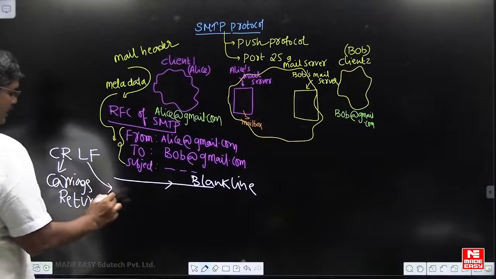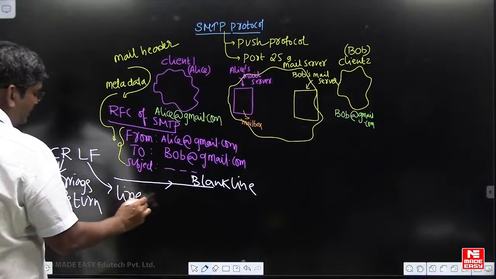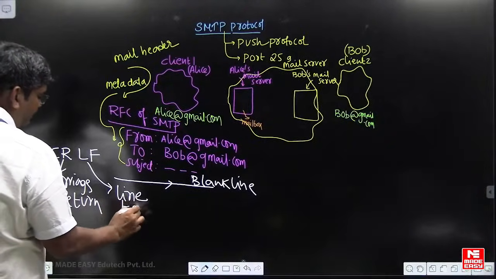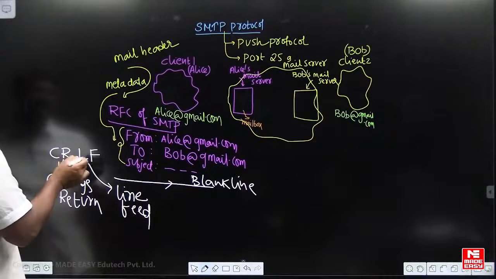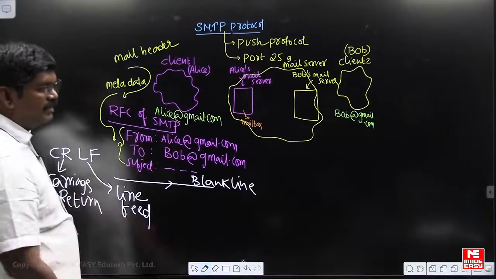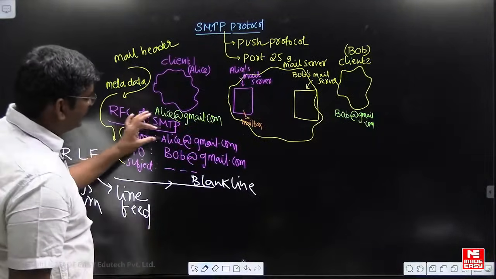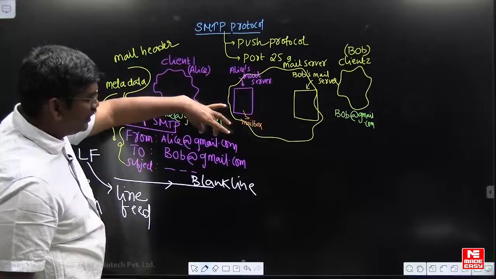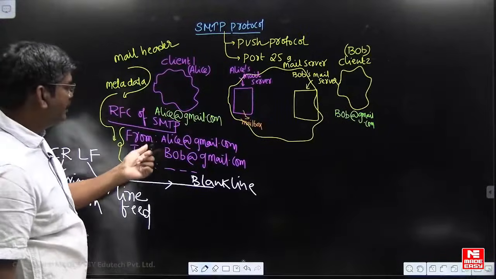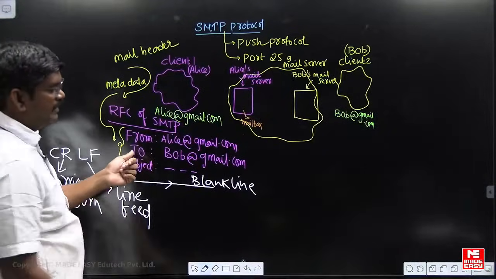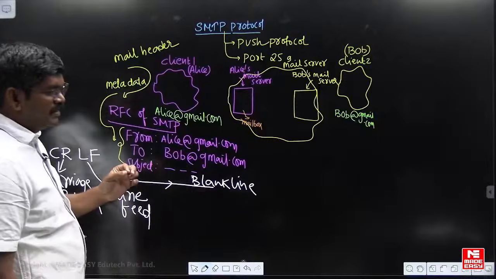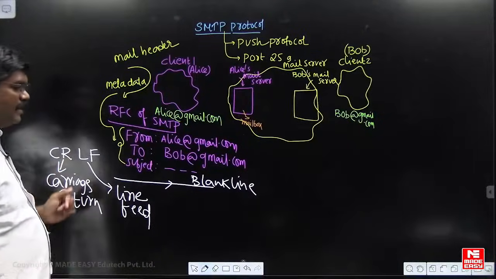What is the meaning of carriage return and line feed? It is also applicable in HTTP. After this From ending, whatever the mail ID, the cursor will go and wait at the next line, even if some spaces are left over. This is called carriage return and line feed.